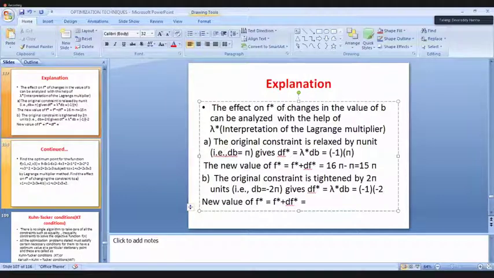Add it and you get the new value. 18 pi. Yes, the answer is 18 pi. This is the physical interpretation of the Lagrange multiplier.